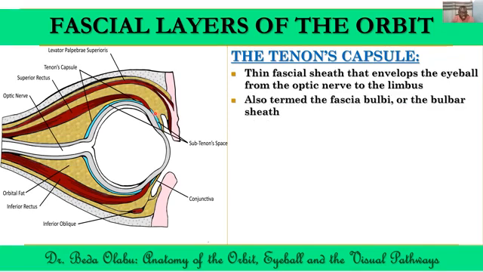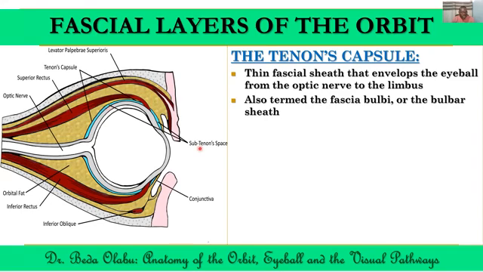This fascia, Tenon's capsule, is also known as the fascia bulbi or the bulbar sheath, or basically the fascial sheath of the eyeball. It is not very strongly adherent to the eyeball itself, and for that reason, there is also a space consisting of loose connective tissue between the membrane itself and the sclera.